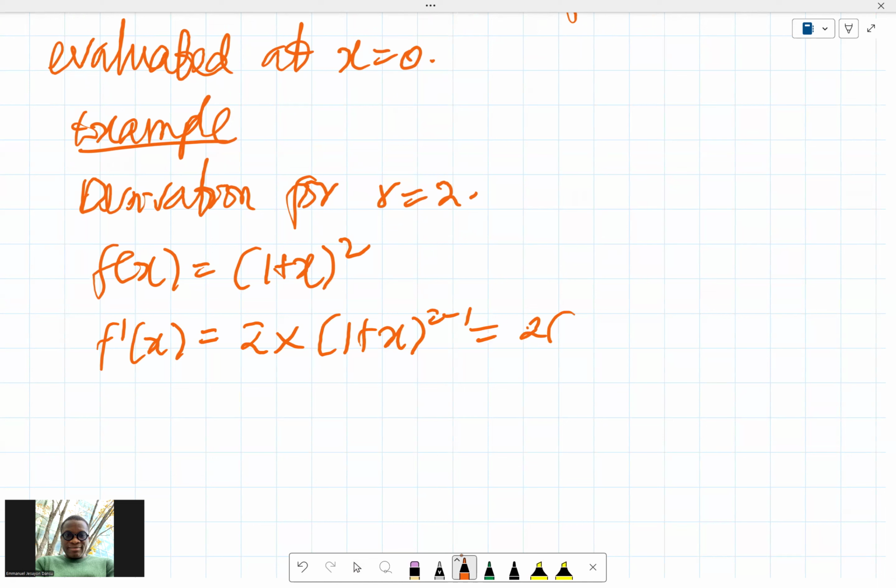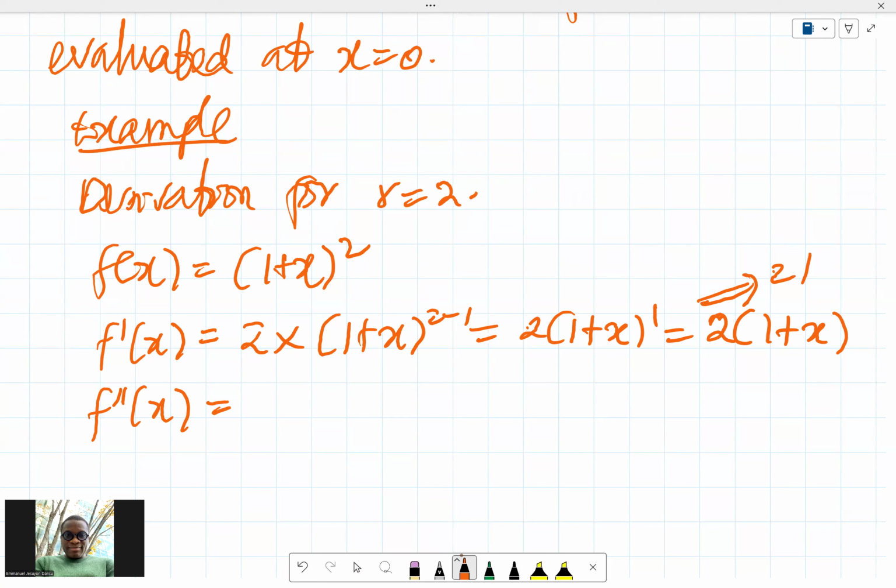So that is 2 into 1 plus x simply, okay? And from there, the second derivative: this is as good as 2 plus 2x, right? So when we differentiate this, we just get 2.